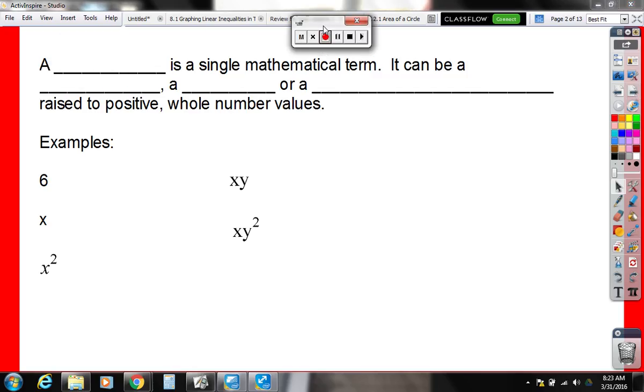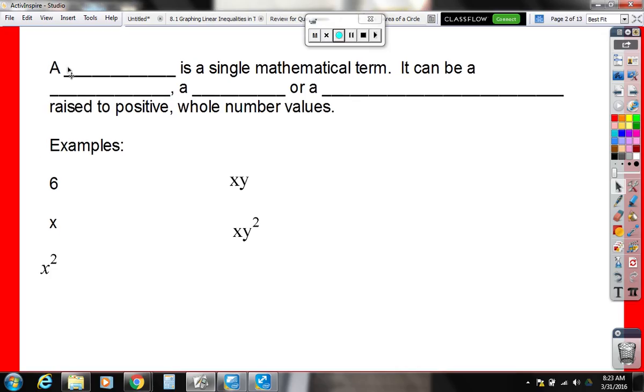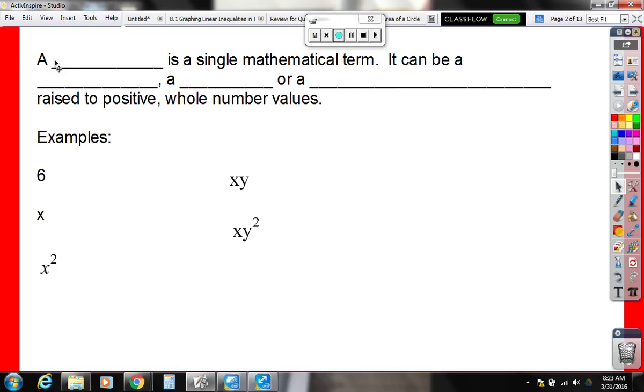So the first thing we're going to define is actually not polynomial. We're going to define the word monomial. And we're going to switch to the pen first. A monomial is a single mathematical term.